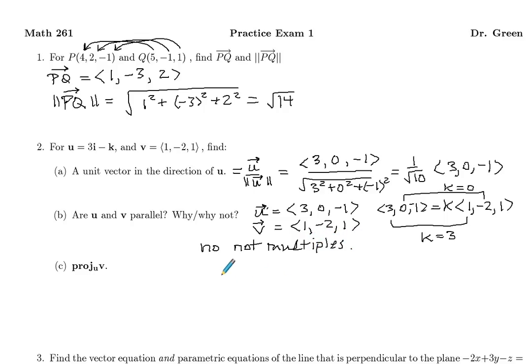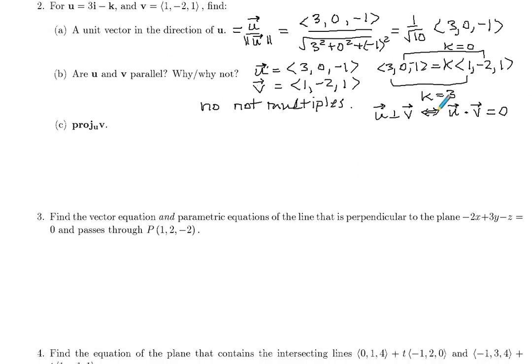That's probably the easiest way to check. You should also know how to check when vectors are perpendicular. Remember that u is perpendicular to v when the dot product is 0, so that's equivalent to u dot v equals 0.